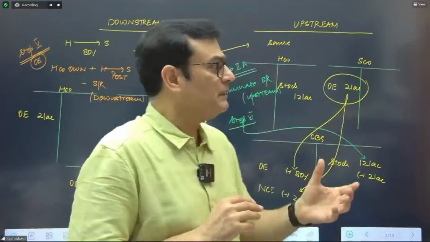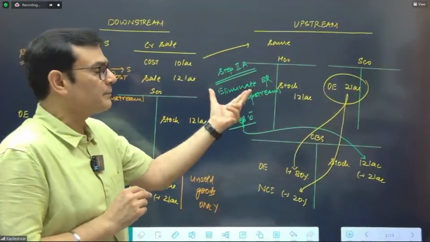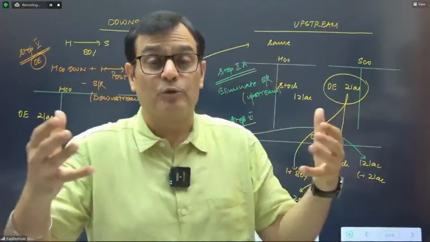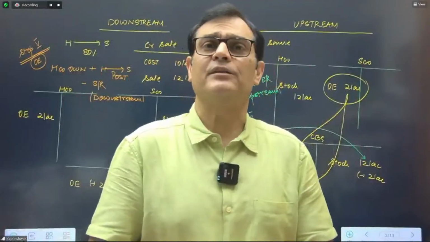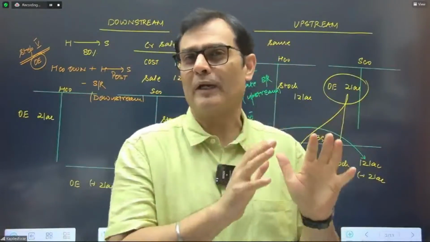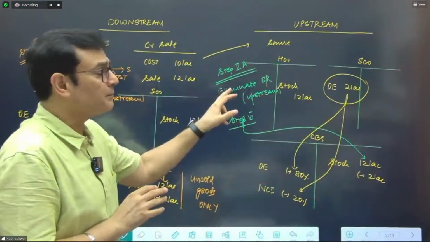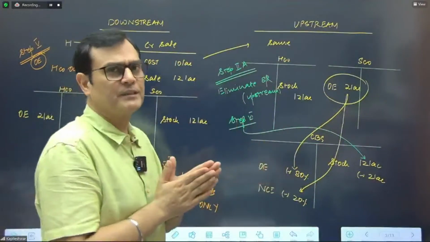The subsidiary company's profit includes the 2 lakh rupees, so eliminate that in step number 2A. When you eliminate that profit, automatically when you divide that share between the parent and the NCI, things will be taken care of. So you don't have to keep track. In this particular case, you do the treatment in step number 2A, and then finally in the balance sheet, the elimination of profit is done.